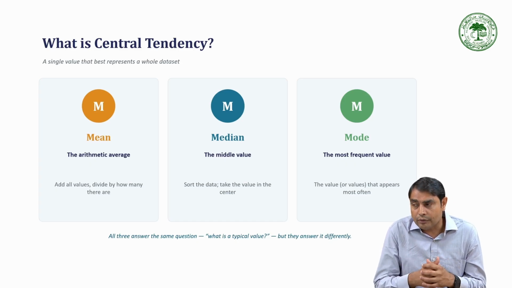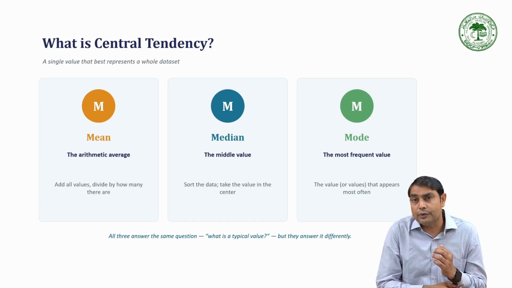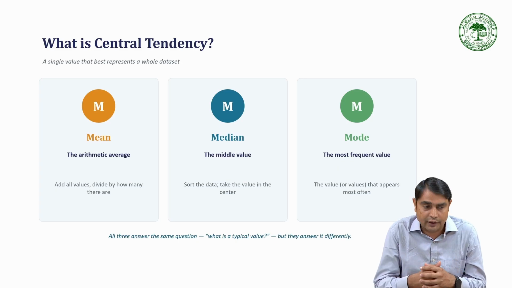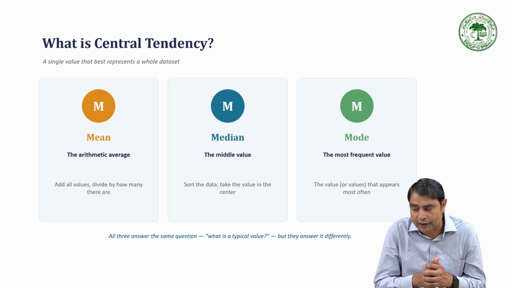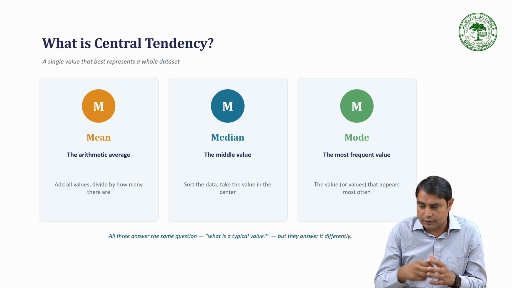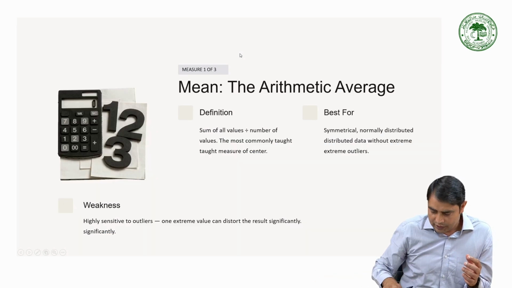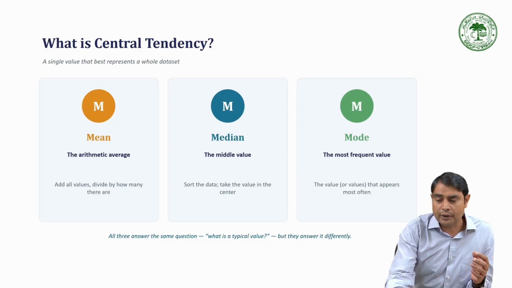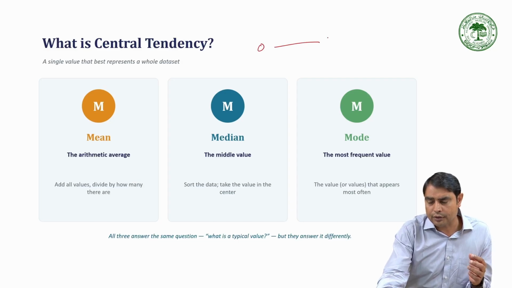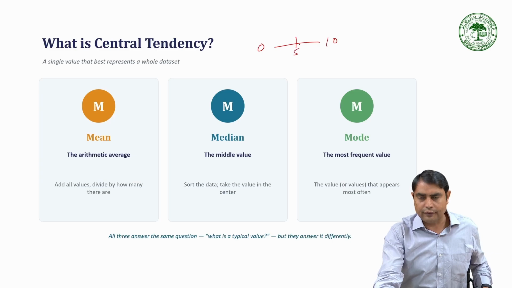Or whenever you have rated some services, say you have visited a hotel and they want you to rate them, or you have taken any service and you want them to rate you on satisfaction level, on a scale of 0 to 10. If they have rated you from 0 to 10, you can easily say, if the median is 5, right?